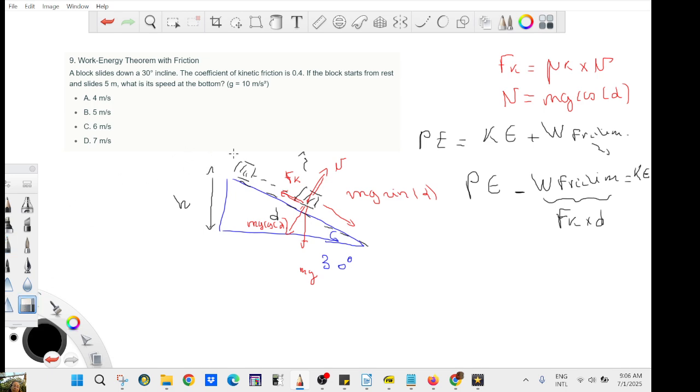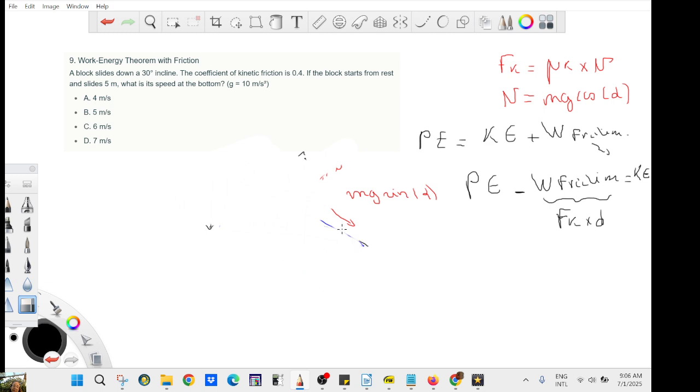Okay? So once you understand that, I can remove it. And you can say that mgh, so that will be potential energy, equals the kinetic energy, so 1/2 mv squared, plus the work done by friction, which is the force of friction, so the coefficient times the normal force.